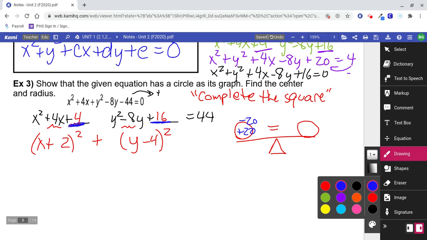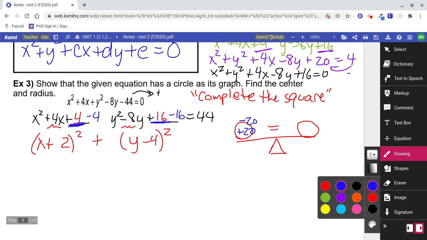It'd probably be easier to add 20 to the right side right now, but I like to think about it this way. If I added 4 here, I'm going to subtract 4 just to keep it in check. And if I added 16, I'm going to subtract 16 just to keep it in check. In total, I added 20 out of nowhere on the left side, so I subtracted 20 to keep my equation balanced.